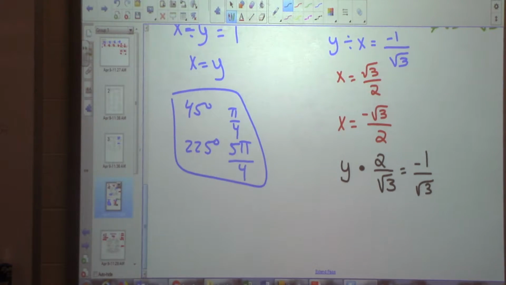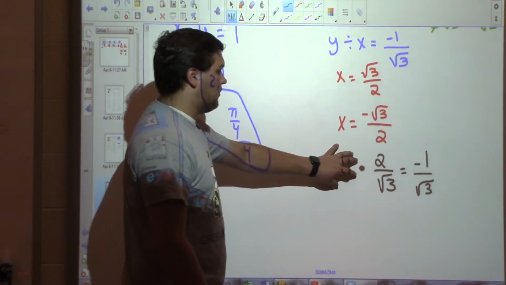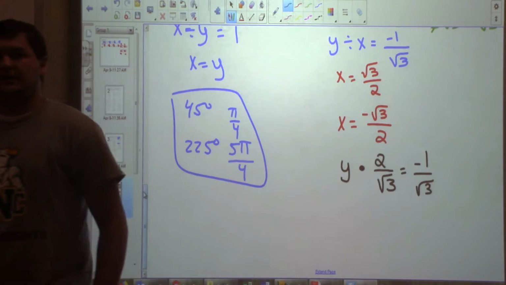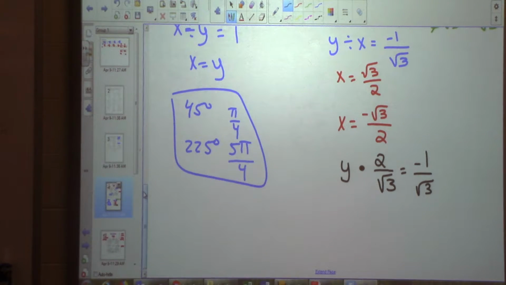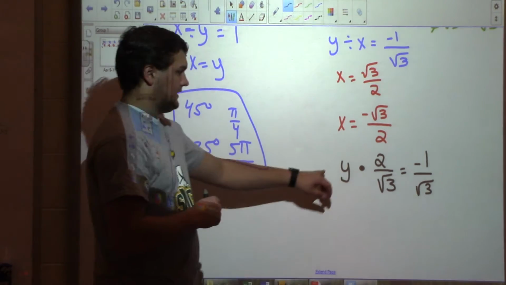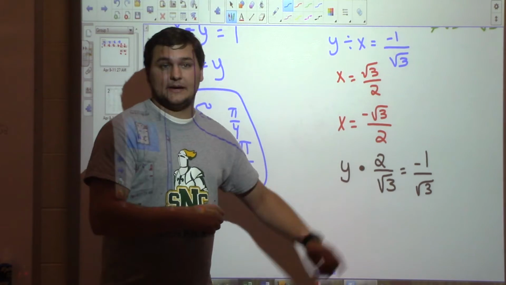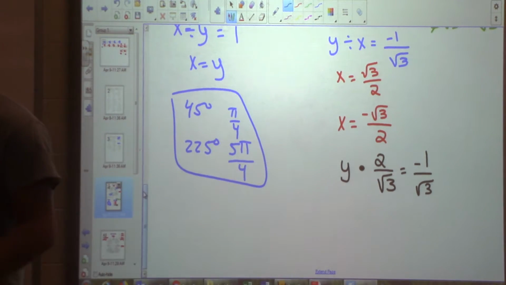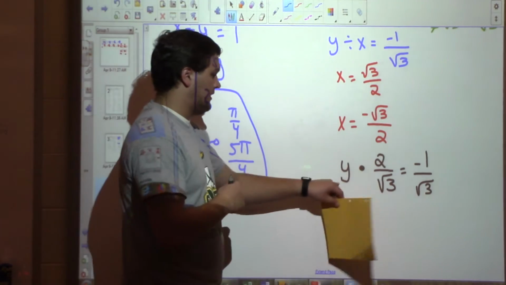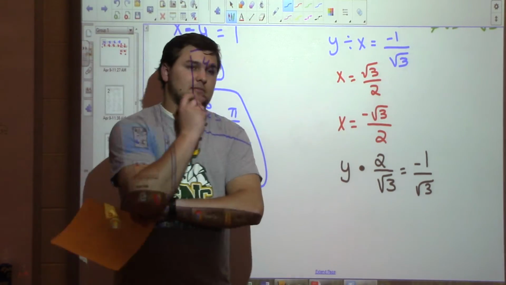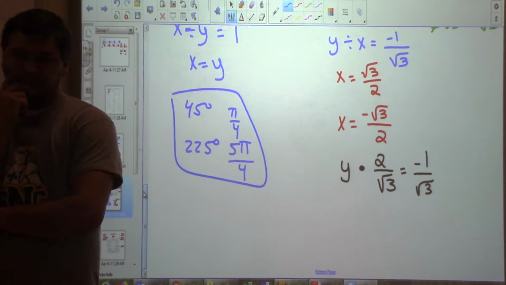So I know that's got to happen. But I need to figure out what y would equal to make that happen. Well, I know for a fact it's got to be a negative number. It's got to be a negative times a positive. But what number that I have in my unit circle here, either x or y, can I put in here for y that's going to make it negative 1 over square root of 3?